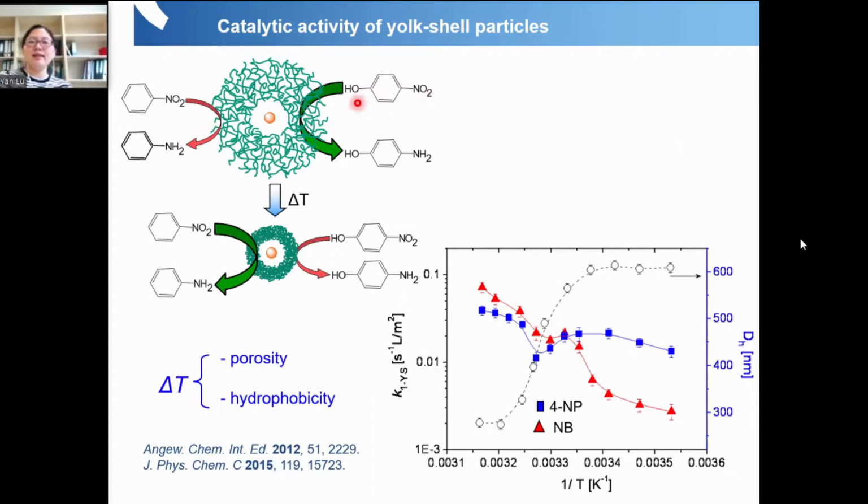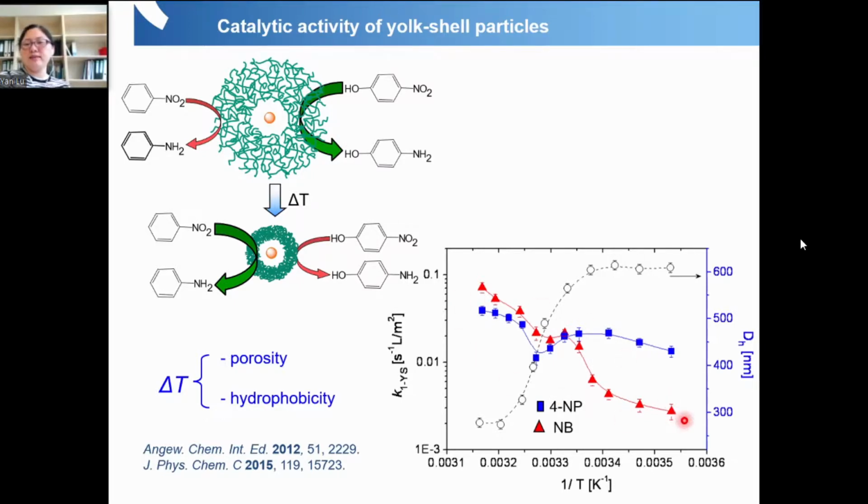One is, again, the reduction of nitrophenol. Another system is the reduction of nitrobenzene. If you compare these two molecules, you see nitrobenzene has a similar structure, but you do not have the OH group here. So this molecule is more hydrophobic compared to nitrophenol. And interestingly, we measured both reactions as a function of temperature, as you can see from the plot here.